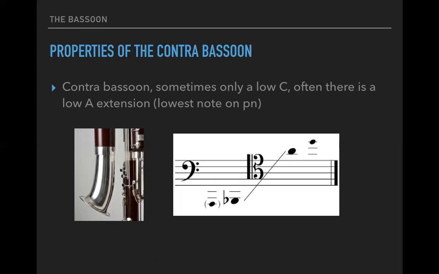It's not to say you shouldn't use it. I think it can have a great effect, especially when doubled with another instrument. Let's say the double bass is there. You could double it with the bass clarinet, written up an octave of course, or perhaps the bassoon up two octaves. So that low A would add a kind of fundamental. Think of it as your subwoofer if you know anything about speakers.